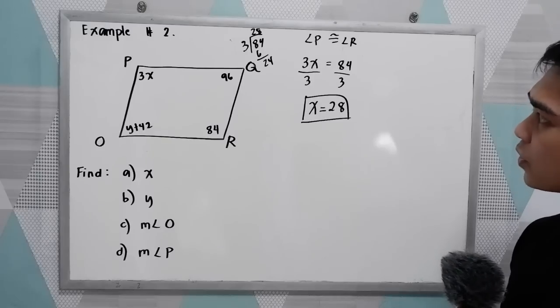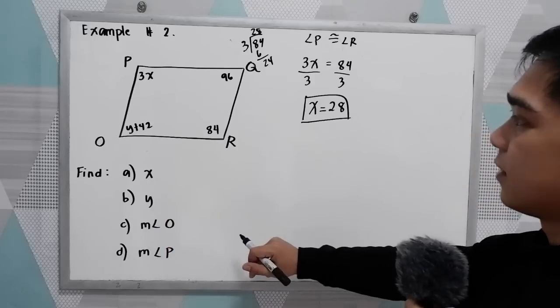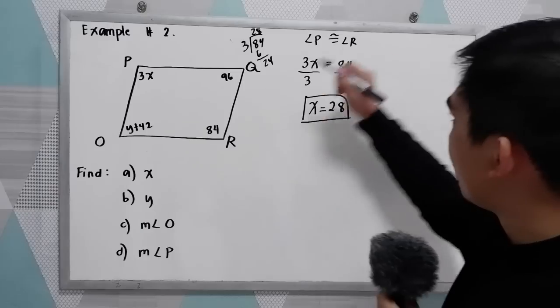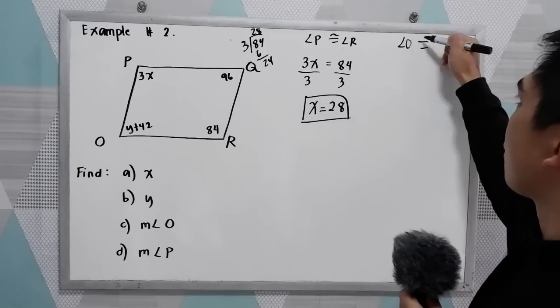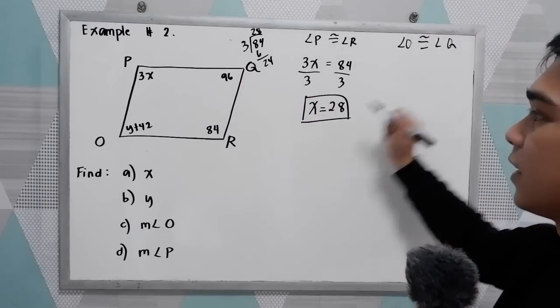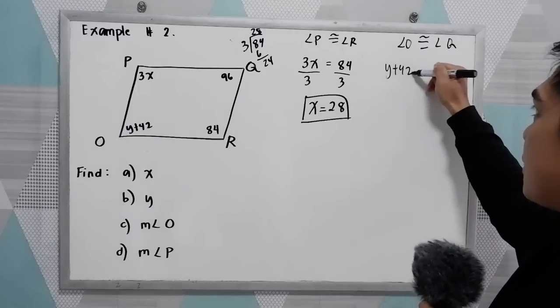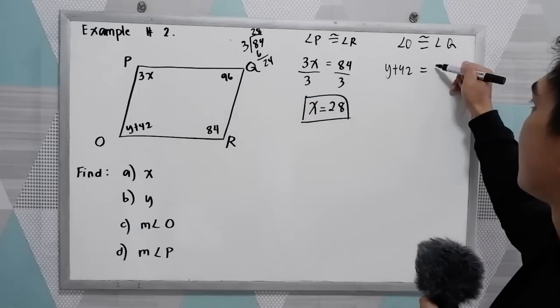Now, we're going to find y. Next, angle O is congruent to angle Q. Angle O is y plus 42. Substitute, it is equal to 96.